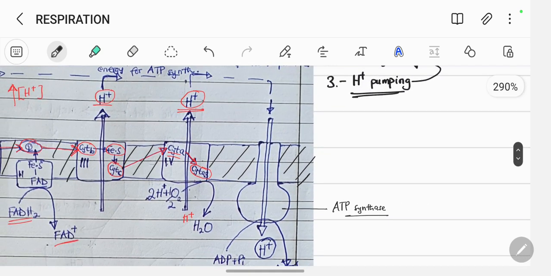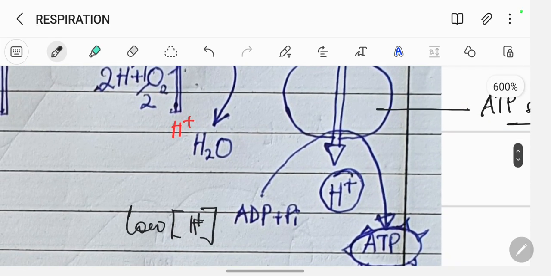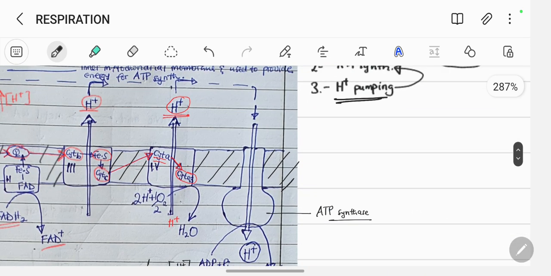So that one is our ATP synthase enzyme. So hydrogen can only pass through this because of its high concentration. It wants to move to regions of low hydrogen concentration, but it can't do that without passing through the channel. So what it does, it has to go to this channel and start moving.